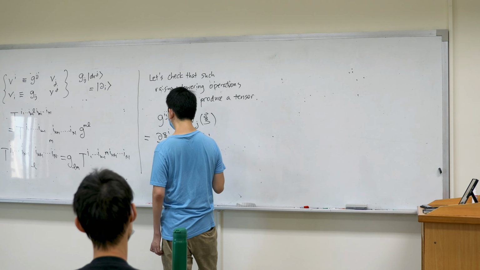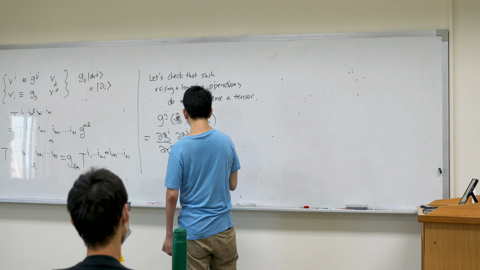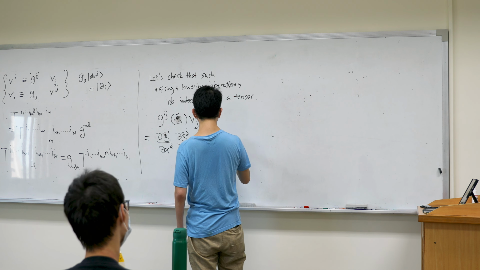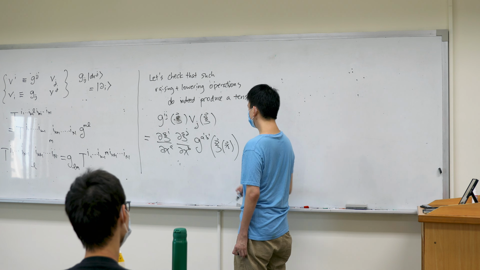Remember now I have to put a prime just to remind myself that I'm now in a different coordinate system. What's the coordinate system? It's the one where I replace C with X. Okay?